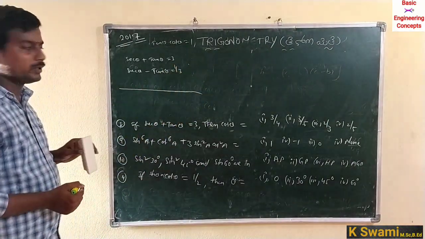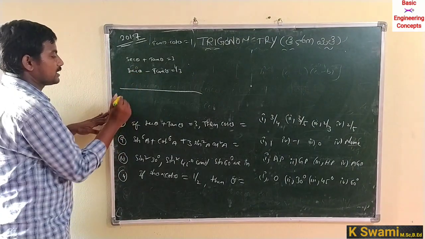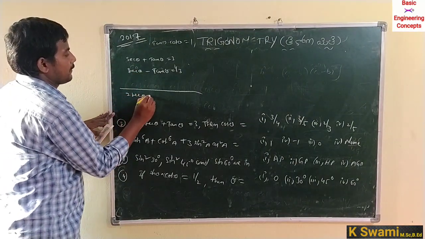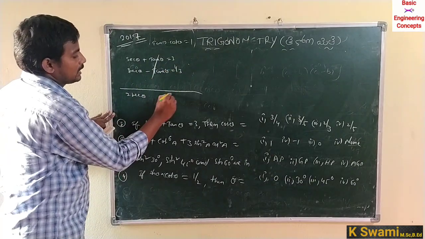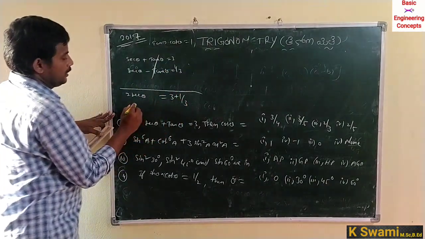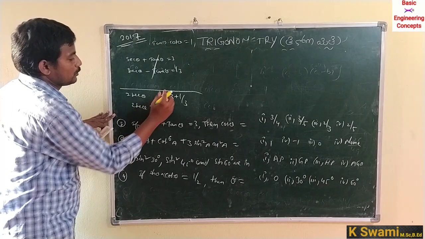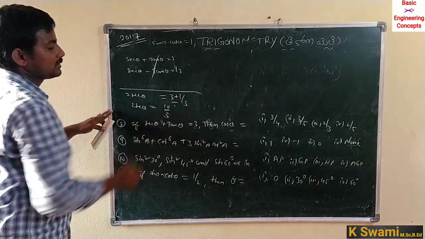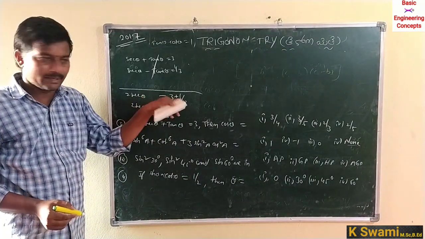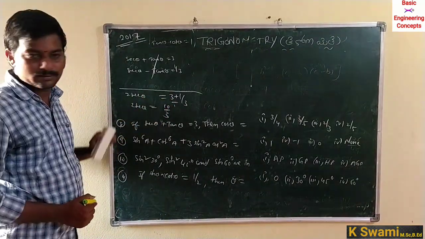Adding the two equations, secant theta plus secant theta gives 2 secant theta, and tan theta minus tan theta cancels, so it is equal to 3 plus 1 by 3. So 2 secant theta is equal to 10 by 3, because the LCM of 3 and 3 is 9, 9 plus 1 is 10, so 10 by 3.